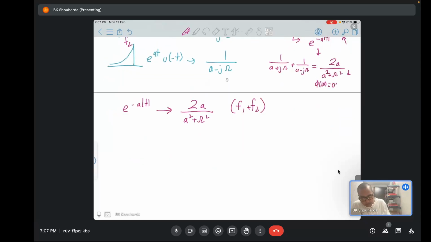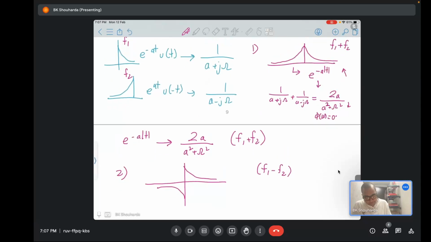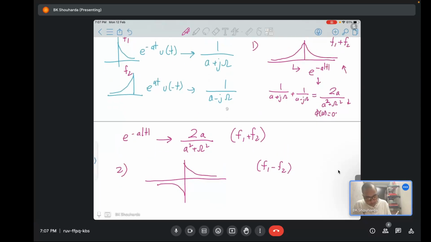Now let's talk about another signal, which is f1 minus f2. It's a kind of an anti-symmetric signal, an odd signal.